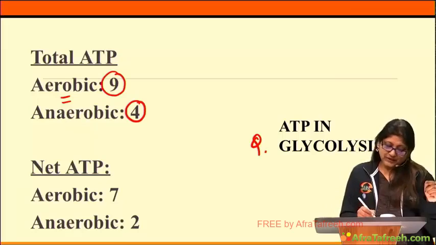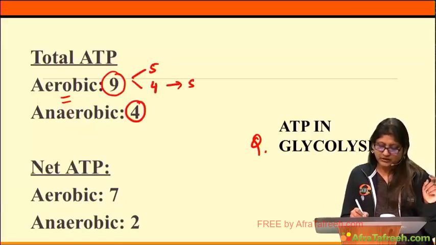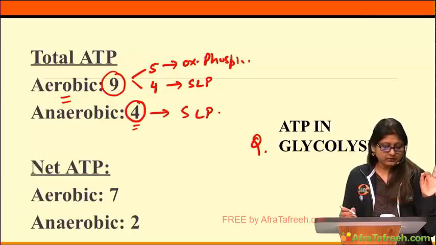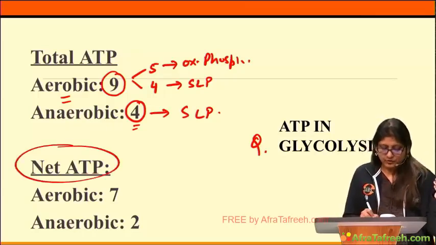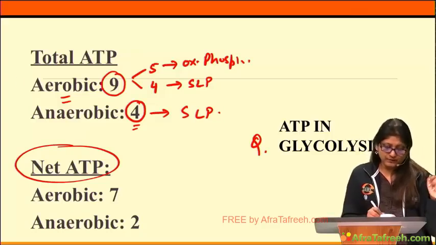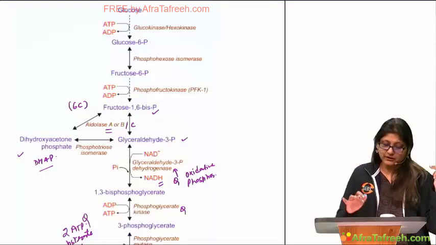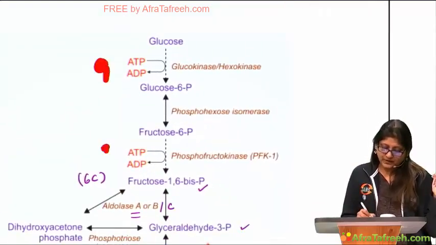Right, so total ATP in aerobic condition is going to be 9 and the split goes like 4 plus 5. 4 is the substrate level phosphorylation and 5 is the oxidative phosphorylation, right? And when we talk about 4 in anaerobic condition, it is substrate level phosphorylation. But when we are talking about net ATP, you have to reduce 2 ATP from these numbers. Why? Because 2 ATP is utilized at the initial stage of glycolysis at this place and at this place, right?